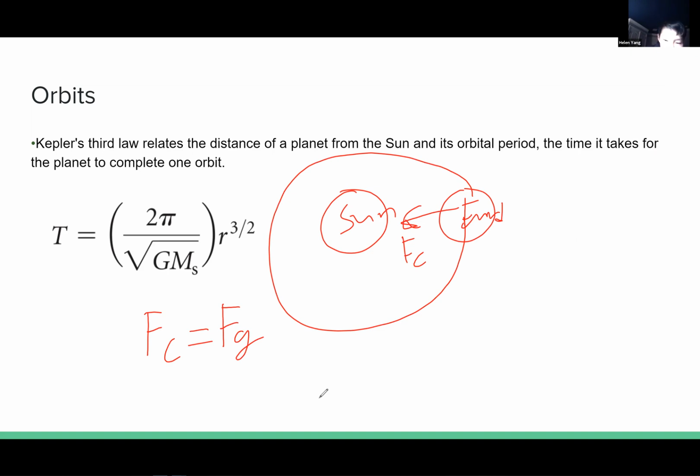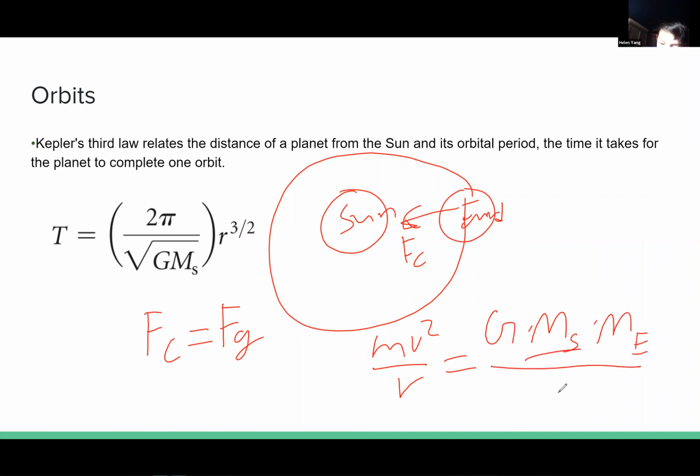And the centripetal force is m v squared over r. And the gravitational force is G times M s, which is the mass of the sun, times m of the earth, the mass of the earth, divided by the distance squared.